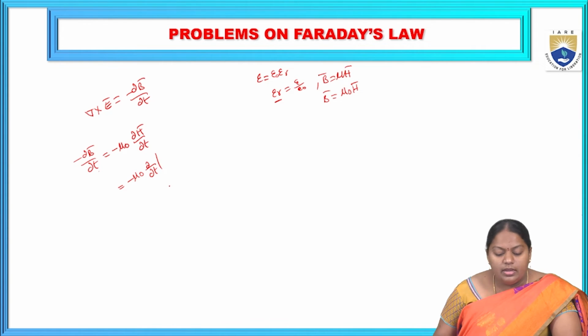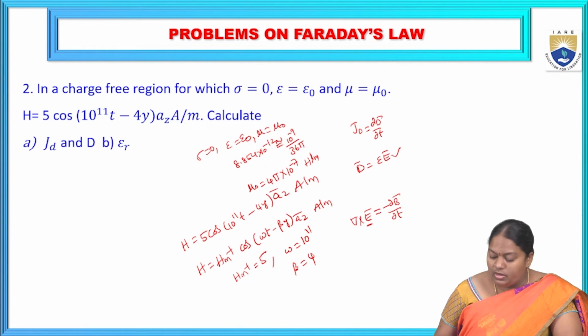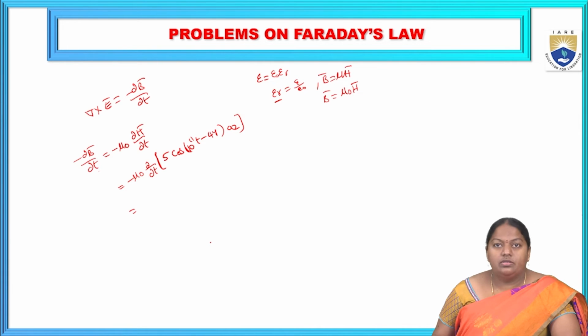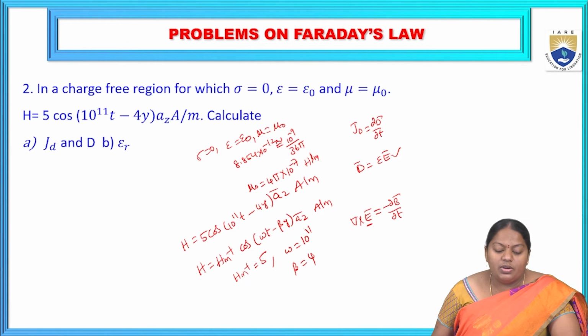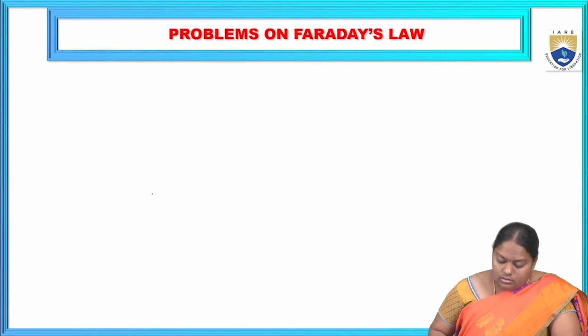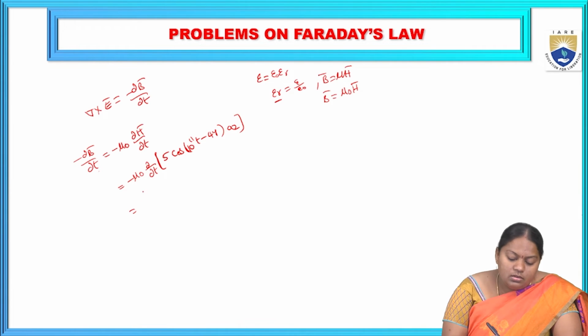H is given. Hence, from the given it is 5 cos(10^11 t − 4y) into AZ. So this is the value to be used for H. Then minus mu naught, and this 5 is to be considered as a constant.